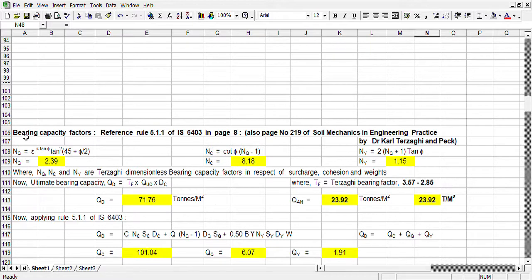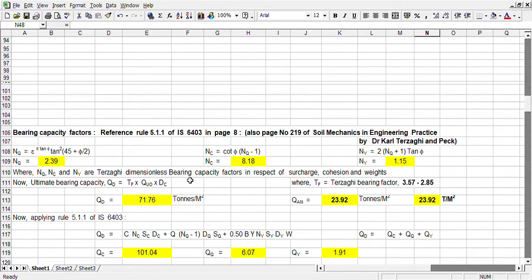Now you see another important set of factors. Mostly people adopt them from curves published in standard textbooks and in IS codes also. But I am trying to explain it mathematically. Here it is Nq, this is Nc, and this is N gamma.